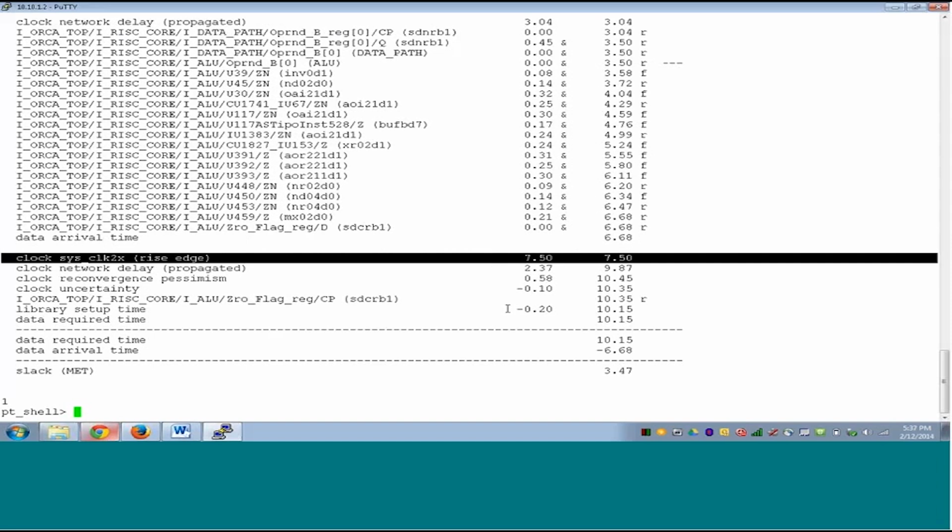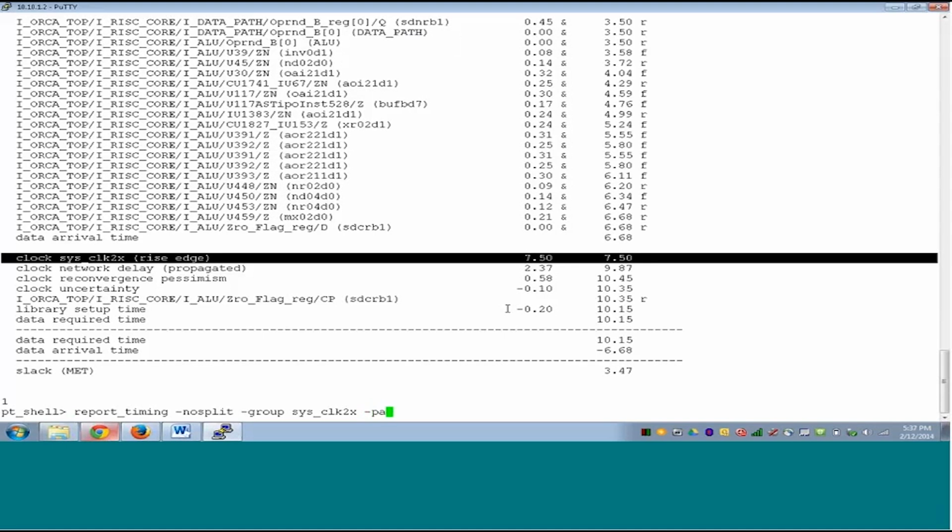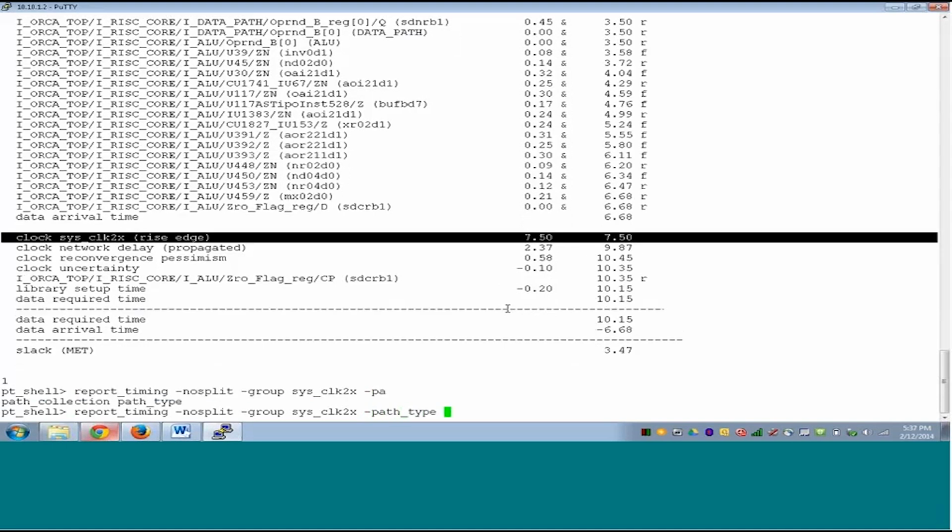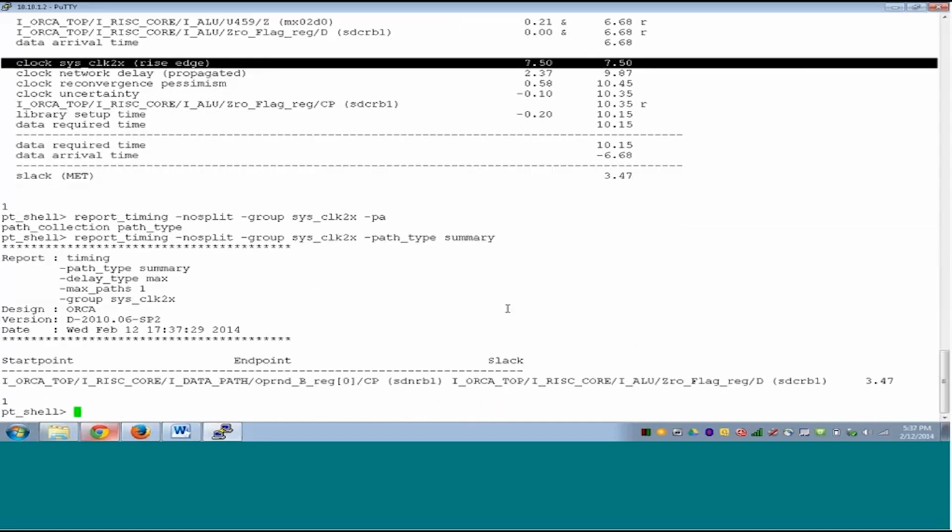Okay. Now let's explore a couple of options in report timing. I'll keep this report timing as it is and expand it further. There's a path type option which is very useful. Now this path type is by default normal. You can have a summary path like this, and you can add things to it.